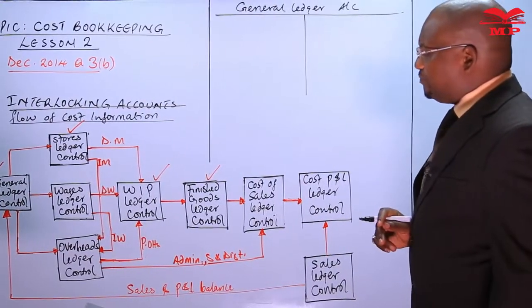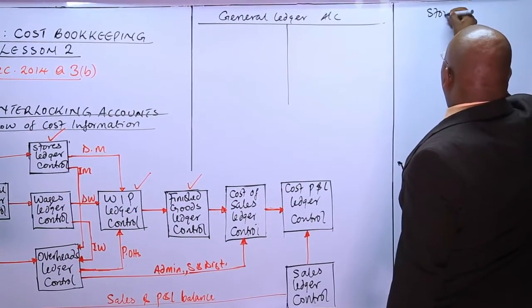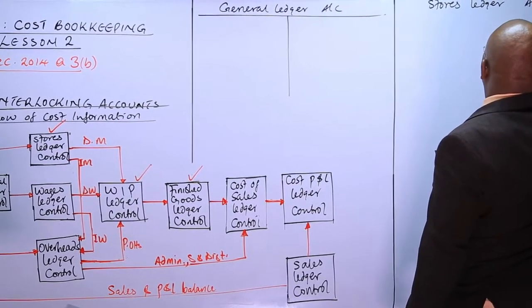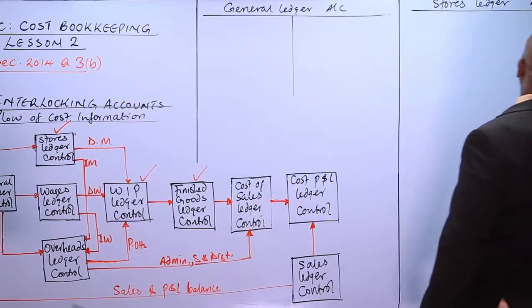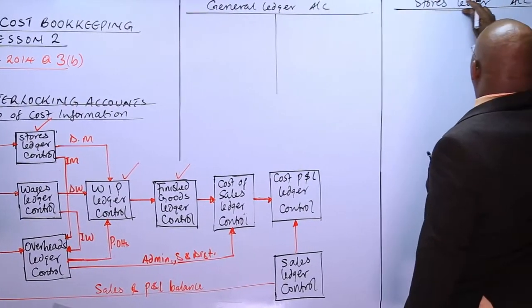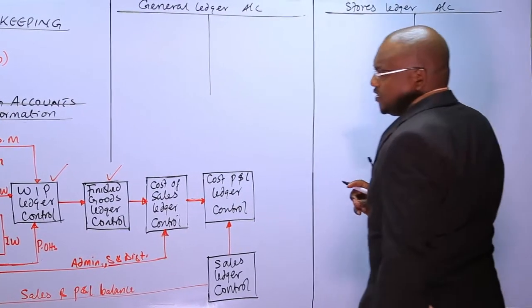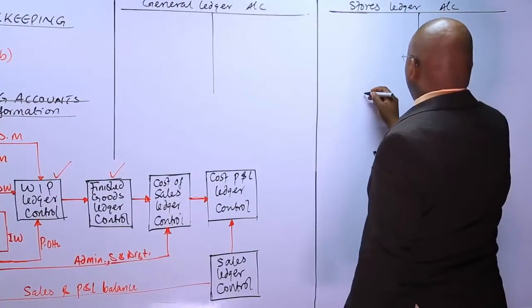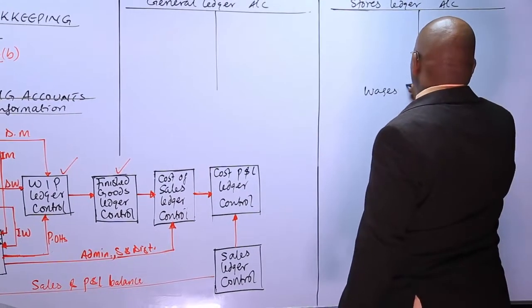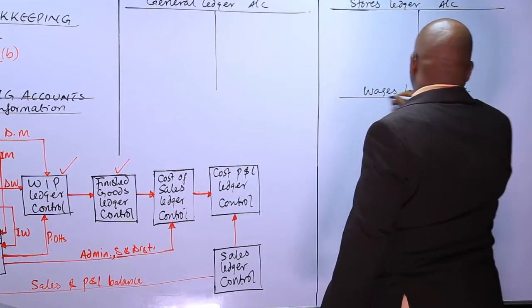Then we have the materials. Let's have here the stores ledger account. Then you have the wages ledger, of course, these are control accounts.